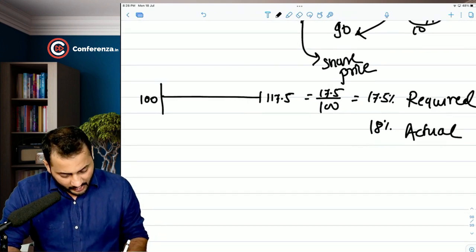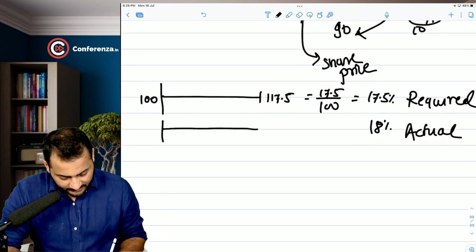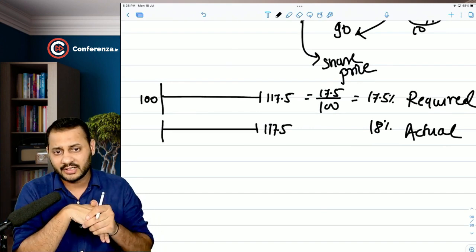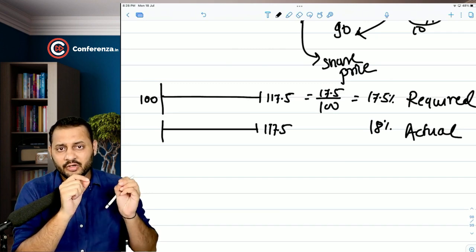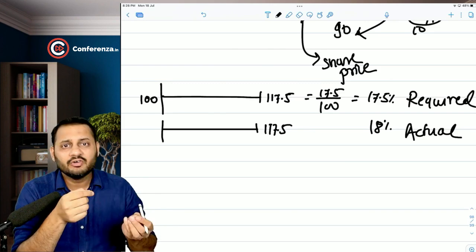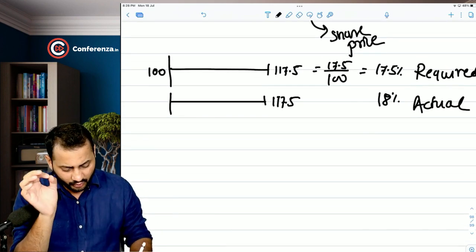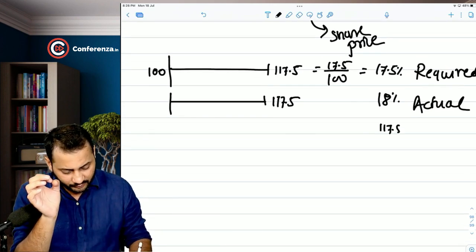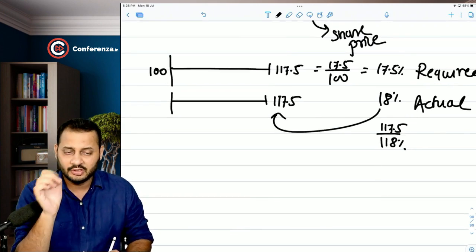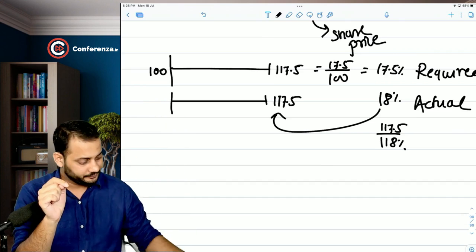Okay, let's keep everything else same, 117.5. Now you tell me, you have to do it on the calculator. 117.5 should be the price inclusive of 18% return. So all you need to do is 117.5 divided by 118%, because 18% is included in that, to arrive at the actual price.